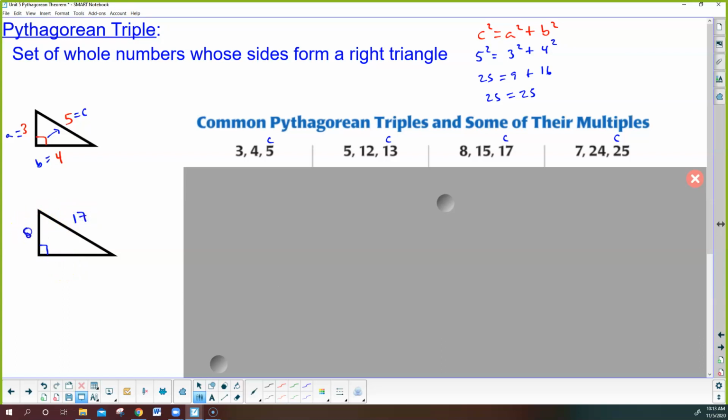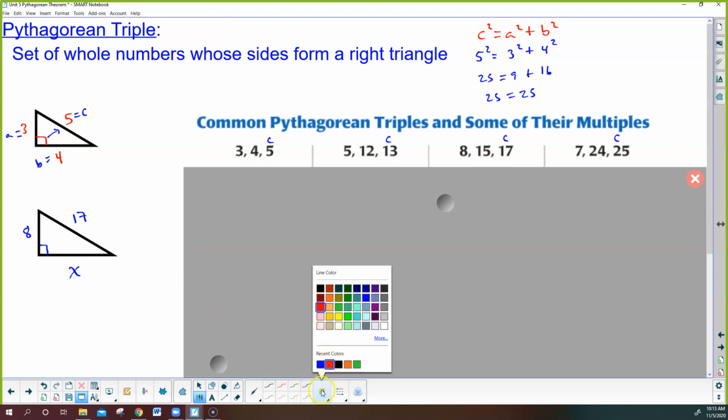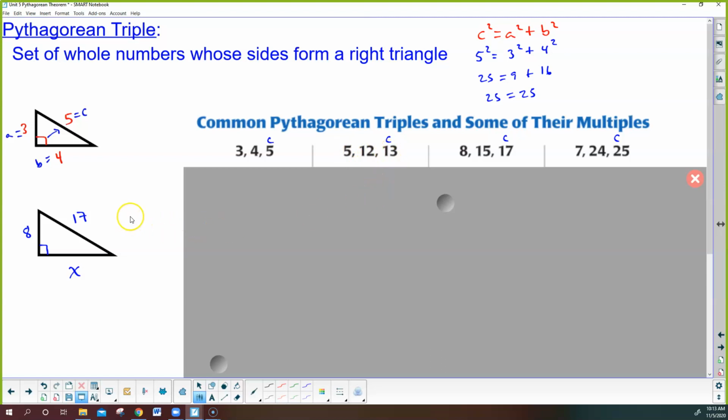Why is it important to know these? That's something to think about. Cool, these numbers satisfy the Pythagorean theorem. Why is it important to know a 3, 4, 5 triangle? Or how about a 5, 12, 13 triangle? Well, look at this problem that I just put here.